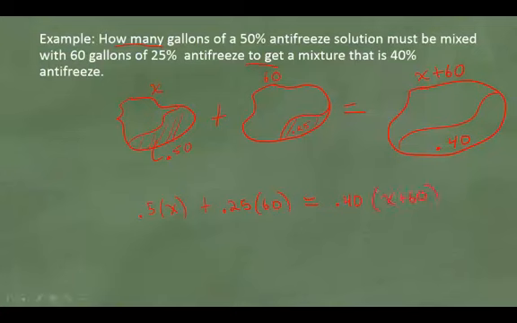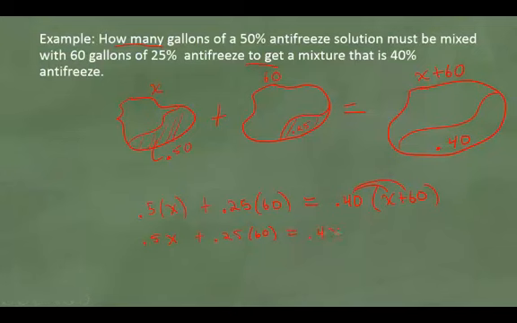And look, we have a linear equation that we can solve for. So we're going to multiply this out. 0.5x plus 0.25 times 60 should equal 0.4 times x plus 0.4 times 60.